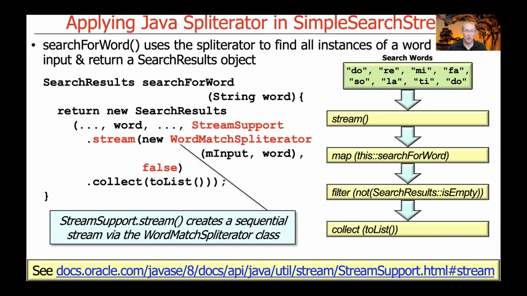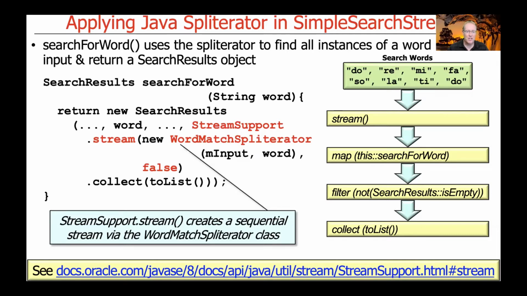So we're passing our own custom Spliterator, not one of the ones that comes out of the box from the Java class library. We're going to pass in our own WordMatchSpliterator instance, and we're also going to pass in the false flag as the second parameter to StreamSupport.stream. And that indicates make a sequential stream.